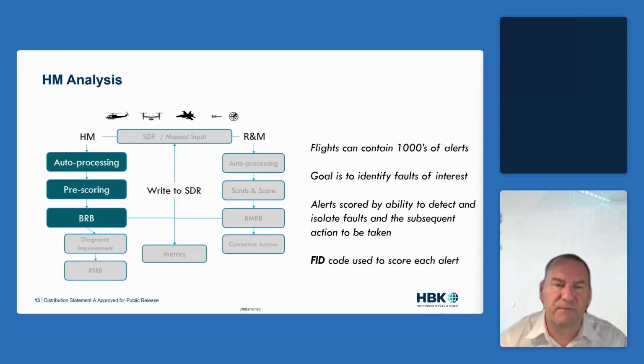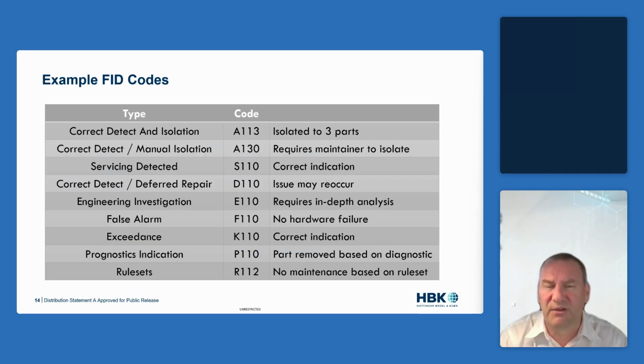The FID code scores that particular alert in terms of its ability to detect and isolate a fault. So when I get an alert in the system on a particular subsystem, can I isolate that to a particular set of parts that could be problematic or broken? And does it detect and identify the true issue? In other words, does it help the maintainer understand what they need to go fix?